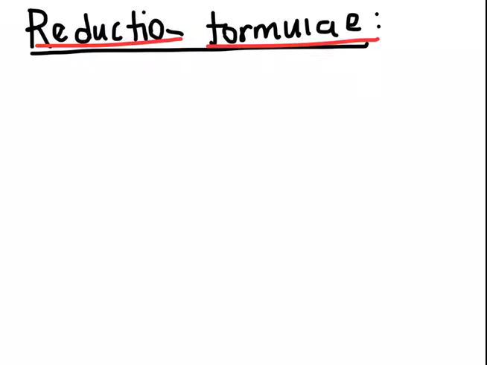Let's assume reciprocals to be something else. Every time I say trigonometric ratio, I'm simply talking about sine, tan, and cos. So reduction formulae are used to reduce the trigonometric ratio of any angle to the trigonometric ratio of an acute angle.